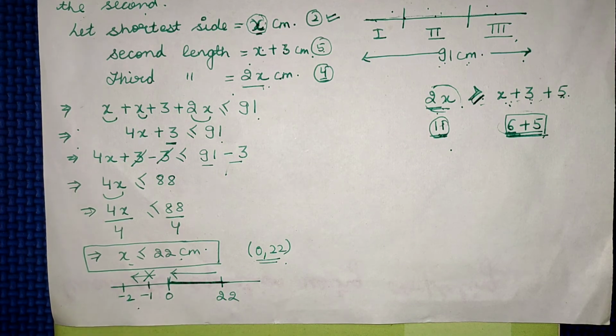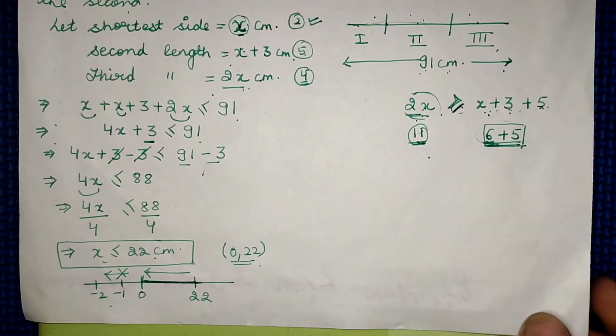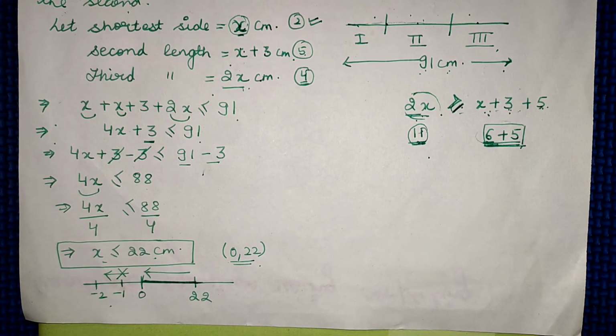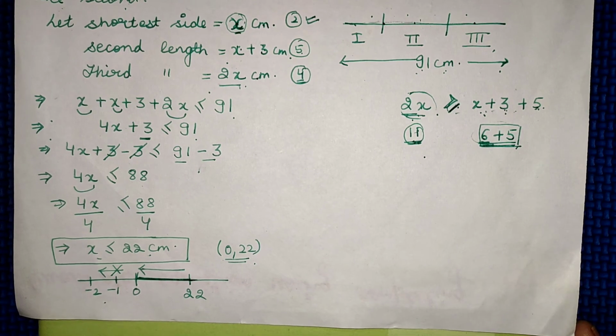Have you ever heard that the length of this board is minus 4 centimeter? No one says that. Everyone will say that the length of the board is 4 centimeter. So the dimensions in the questions can never be negative. Whenever you get a negative value for a dimension, you can simply neglect that value, because practically that value is not possible.